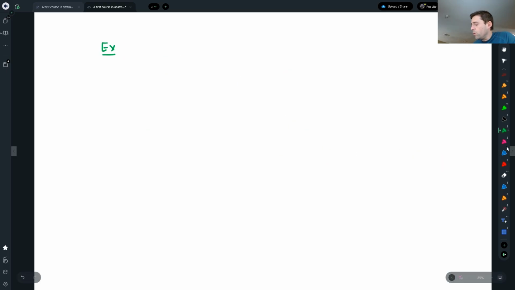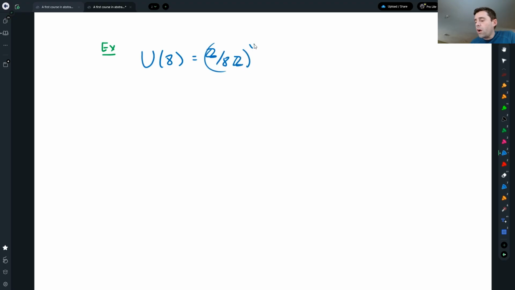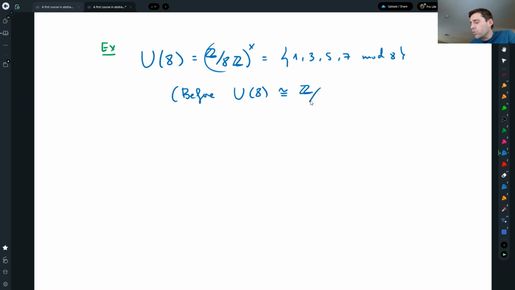So, for example, remember U8, which, if you want in another notation, is Z modulo 8 cross. So the units modulo 8, and those are 1, 3, 5, and 7. We have proved before that U8 is isomorphic to Z modulo 2 cross Z modulo 2 as abstract groups.